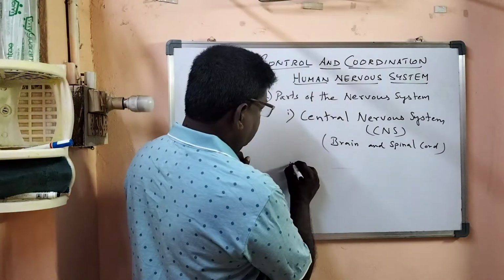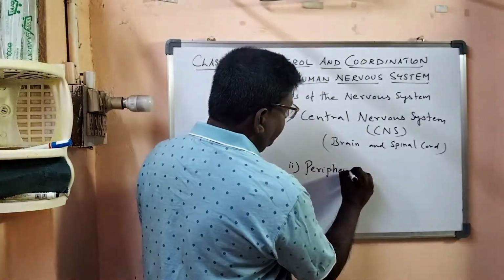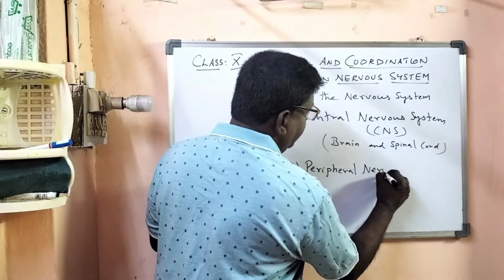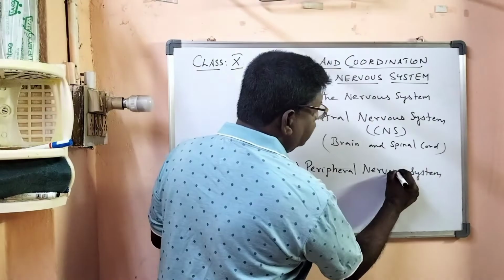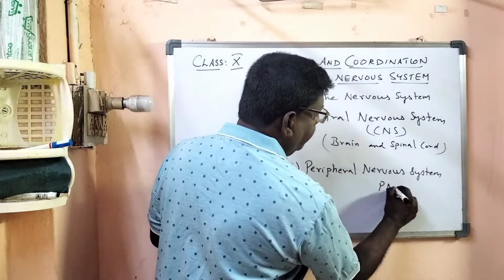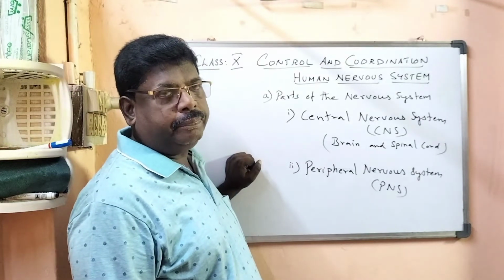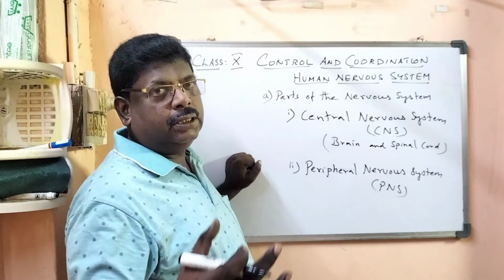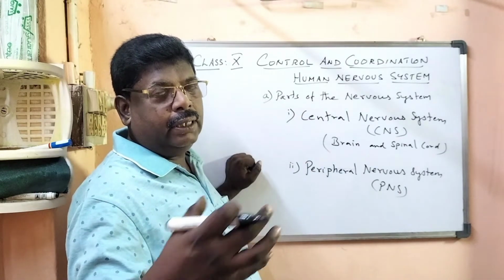Next, it's called peripheral nervous system, PNS. That means the nerves that arise from the cranium, brain.